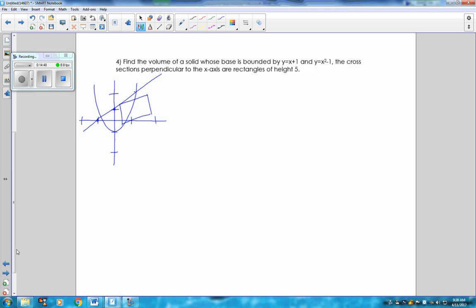Okay, it says the height is 5. Would that be this? No, that's not this. We know that is not 5. So this is my 5. Now I need to find this.